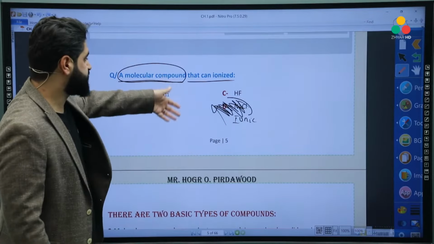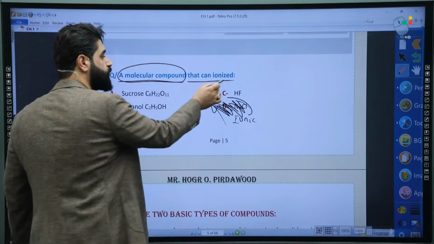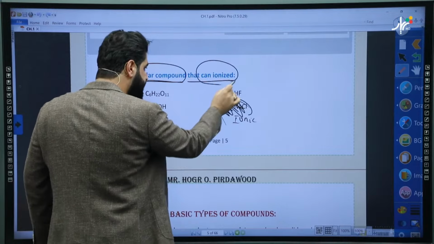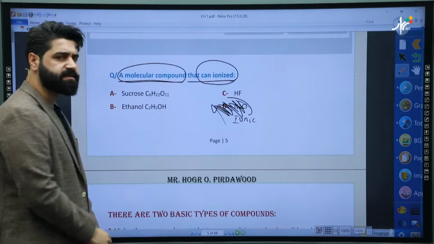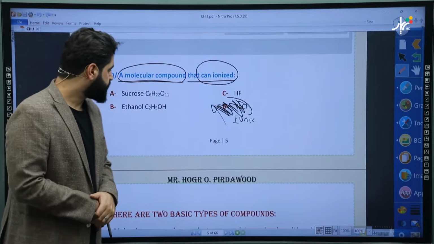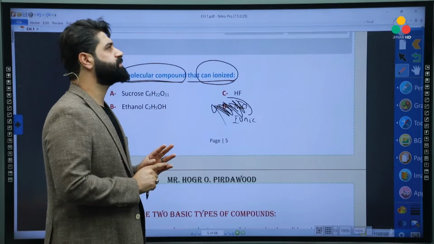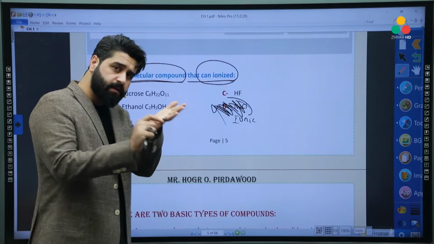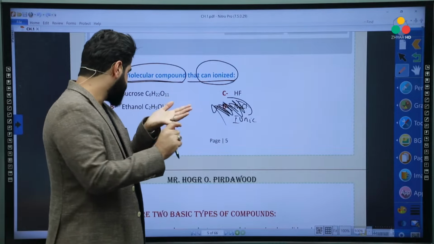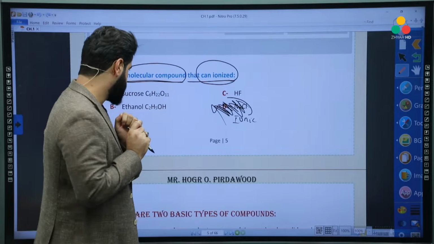And now let's go through the second filter, which is can ionize. Which of the following can ionize? Ionize, I remember, mister, you told me. Well, first of all, it must be polar. Okay.